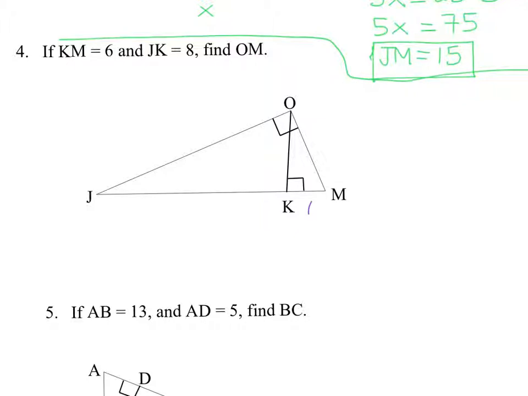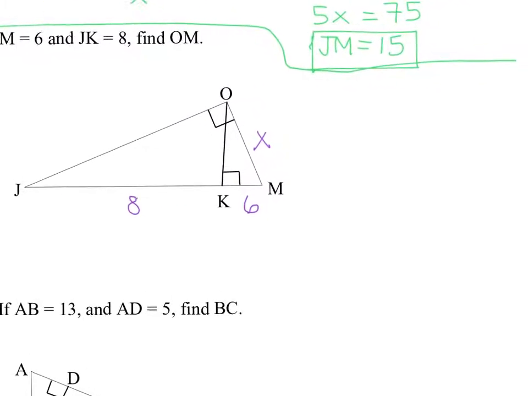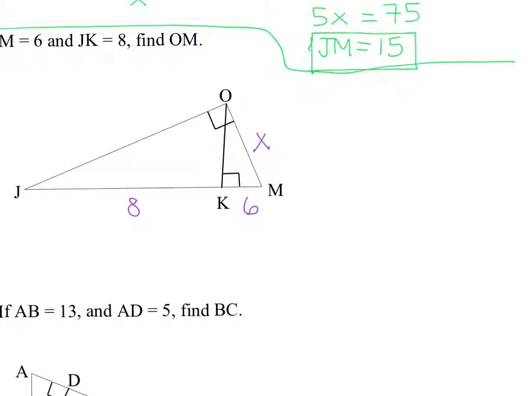Okay, KM is 6, JK is 8, find OM. Once again, I need to use my leg formula. Hypotenuse over leg equals leg over adjacent hypotenuse part.